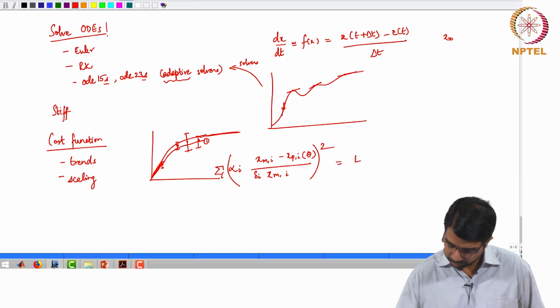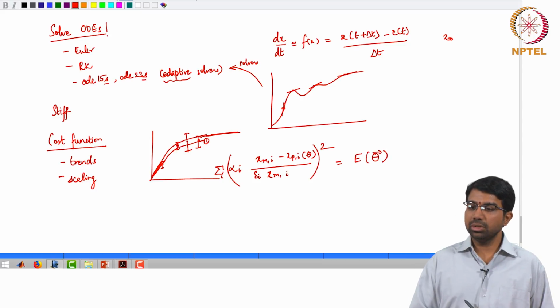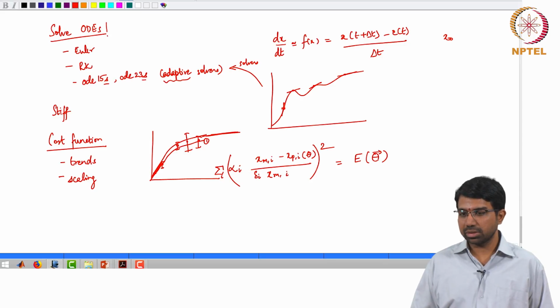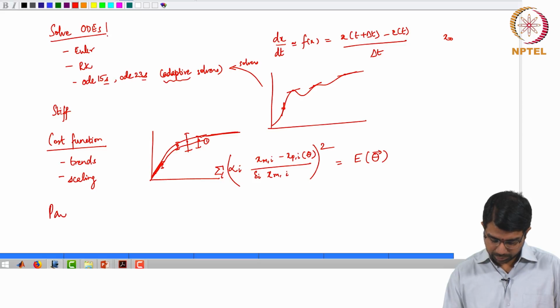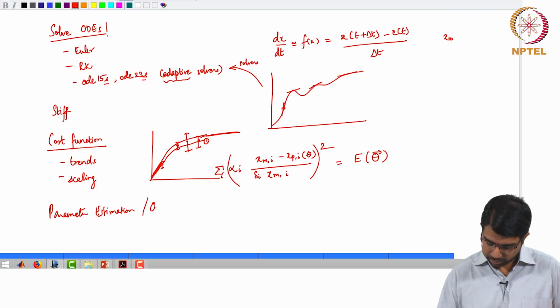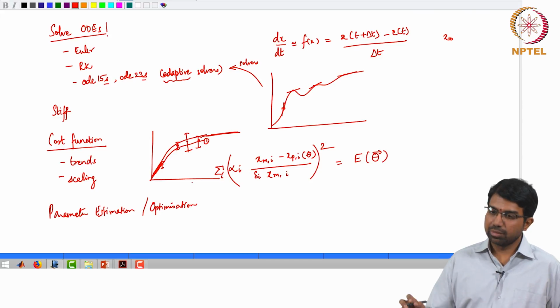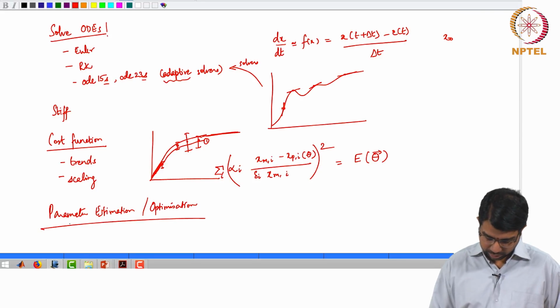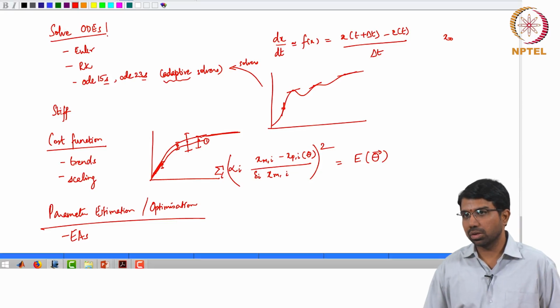This is your error cost function for any given parameter set theta. How do you find these parameter sets? Parameter estimation or optimization. We looked at a battery of methods, especially focusing on evolutionary algorithms.